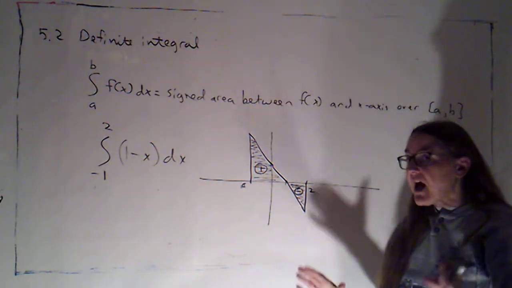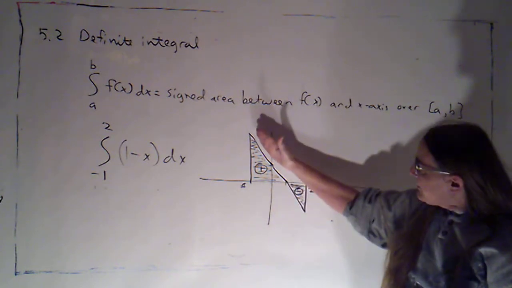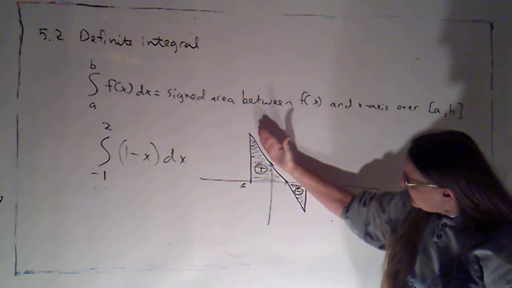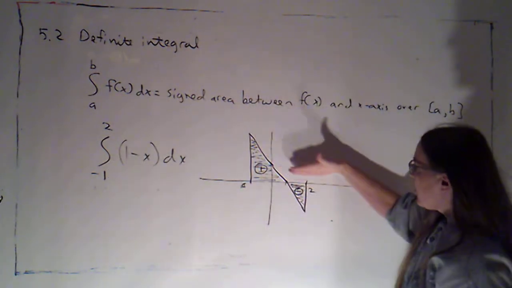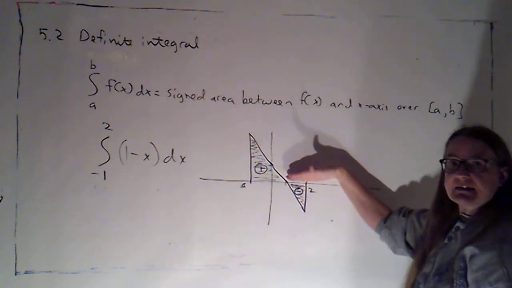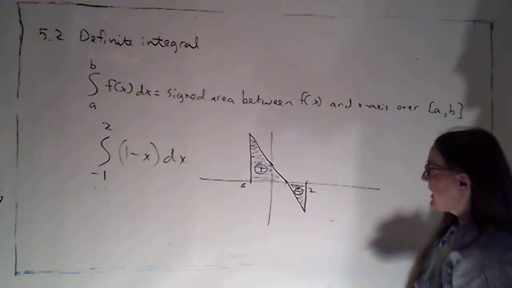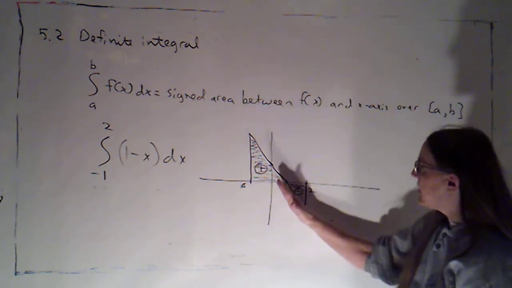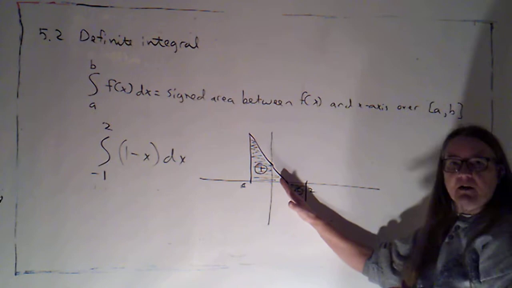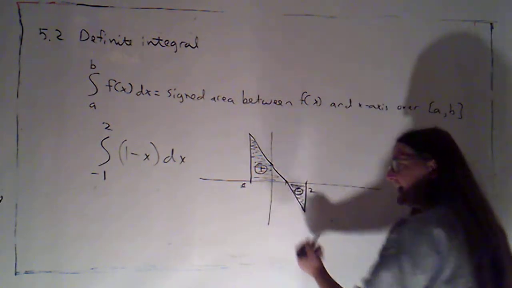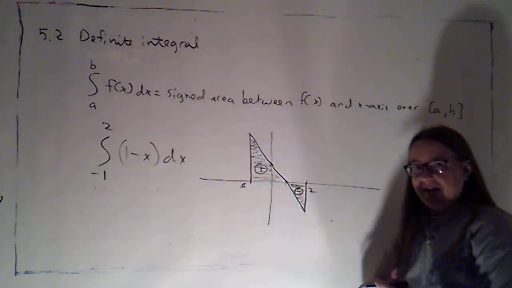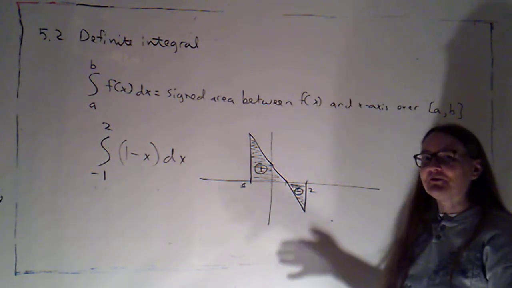So over the entire region, the top needs to be either the function that we're integrating, which would correspond to this line, or the top has to be the x-axis. The bottom has to either be the x-axis or the function that we're integrating. Okay. So you're allowed to draw in walls to connect the floor and the ceiling. You're not allowed to draw in the floor and the ceiling.